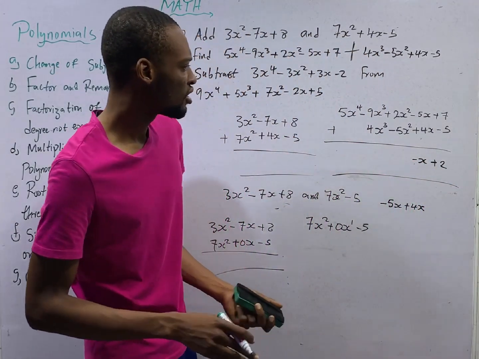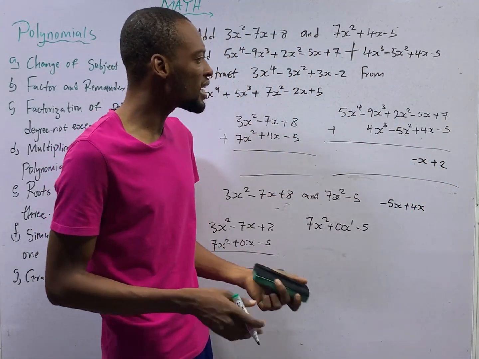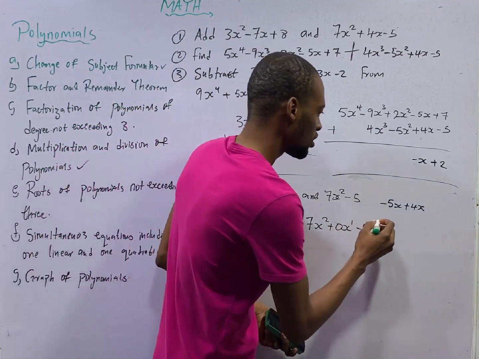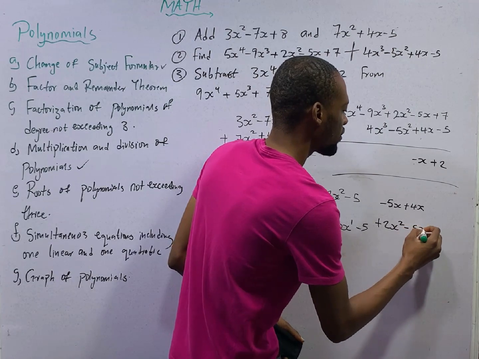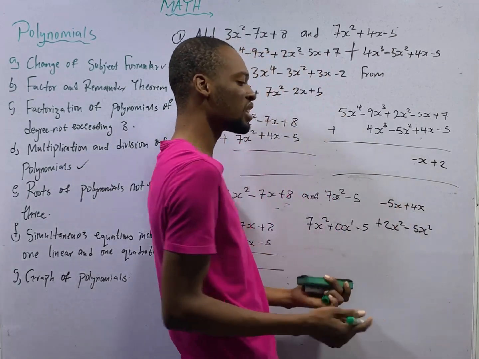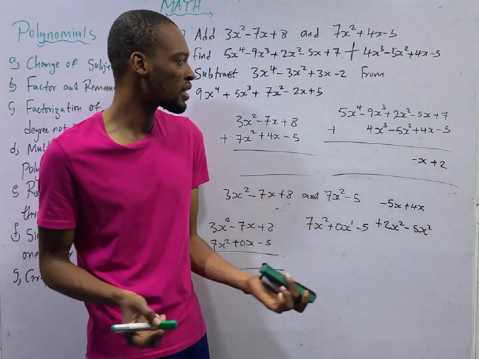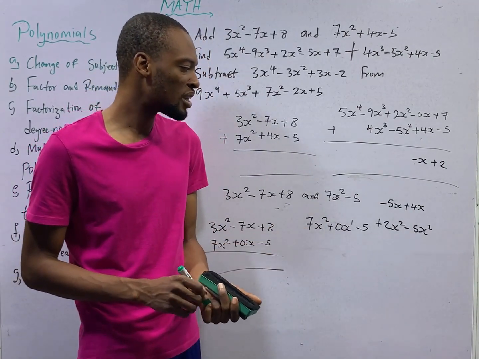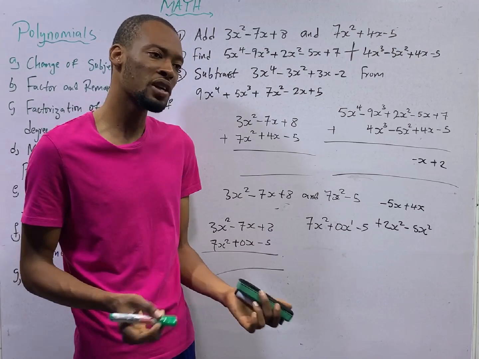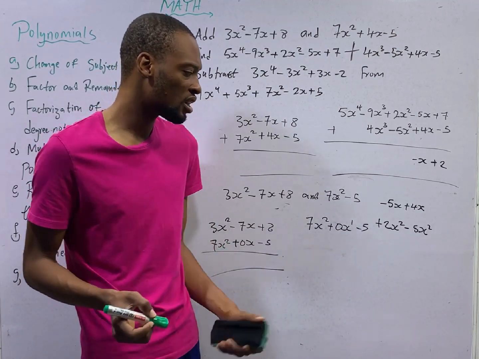Up next, you have 2s squared. That is plus 2s squared minus 5s squared. They are of the same degree, so addition or subtraction would come to play. 2s squared minus 5s squared. You have 2s squared, you are owing 5s squared.